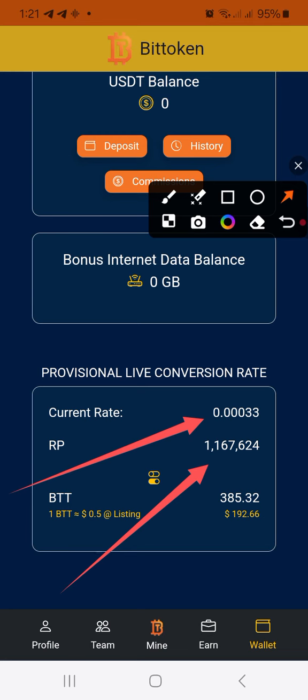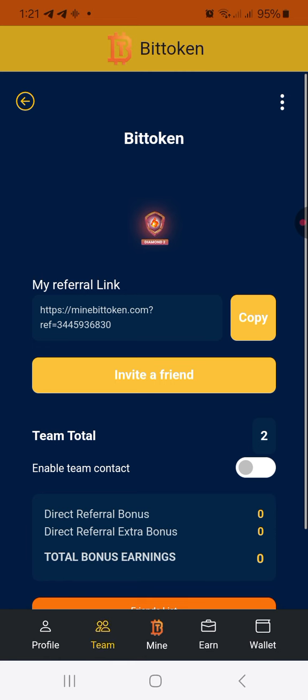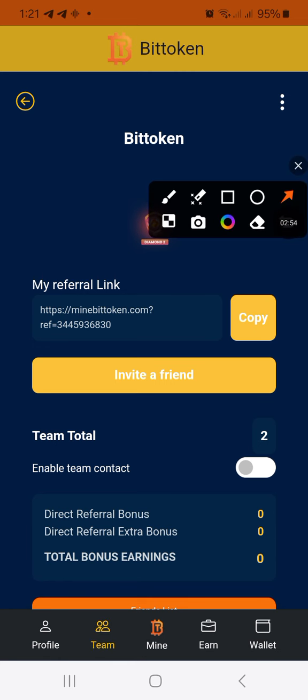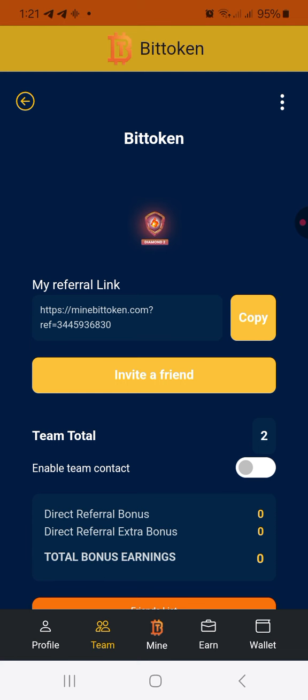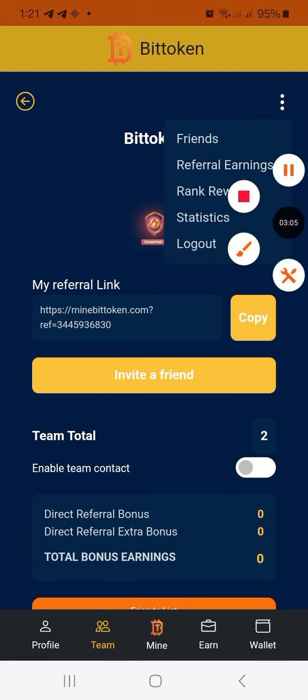And how do we come to the current rate? So this is how the current rate is calculated, and you can do it on your own. You go to Team, then you come to the three dots here, then you go to Statistics.